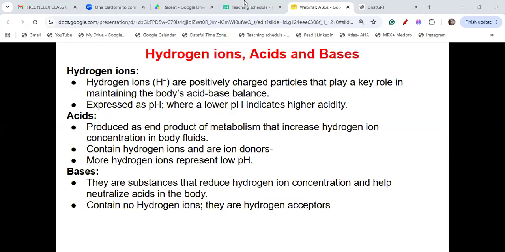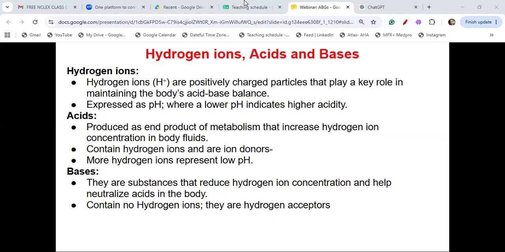Again, still on some of the definition of terms, we're going to look at three terms. We have hydrogen ions. Hydrogen ions are positively charged particles that play a key role in maintaining the body's acid-base balance. Usually they're expressed in the form of a pH, and when the pH is low, that means there is high acidity.